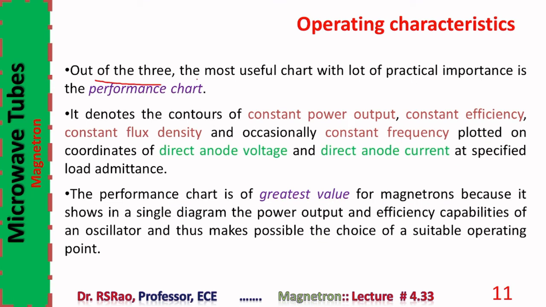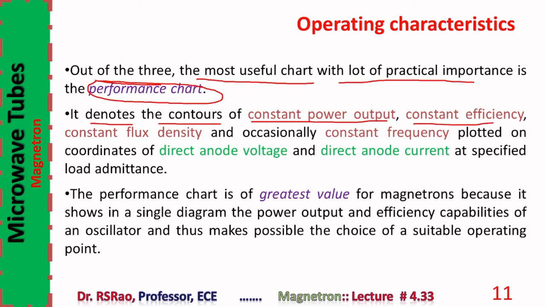Out of the three, the most useful chart with a lot of practical importance is the performance chart. It denotes the contours of constant power output, constant efficiency, constant flux density, and occasionally constant frequency plotted on coordinates of direct anode voltage and direct anode current at specified load admittance.